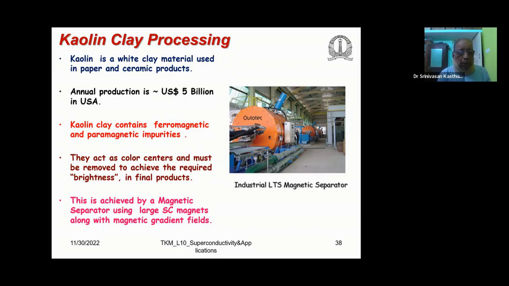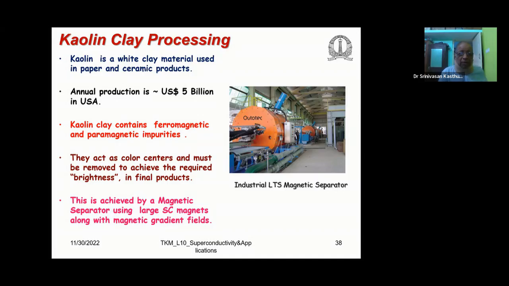Kaolin is a white clay material which is used for paper production and has an annual production of approximately $5 billion in the USA. It contains ferromagnetic and paramagnetic impurities, which act as color centers, and they should be removed to achieve the required brightness of the final products.